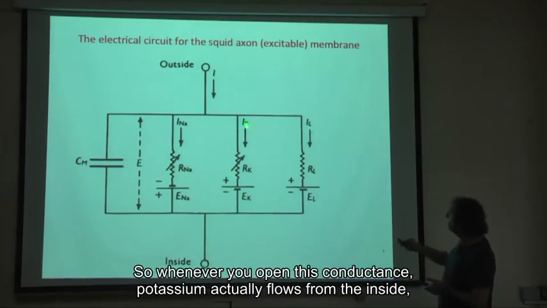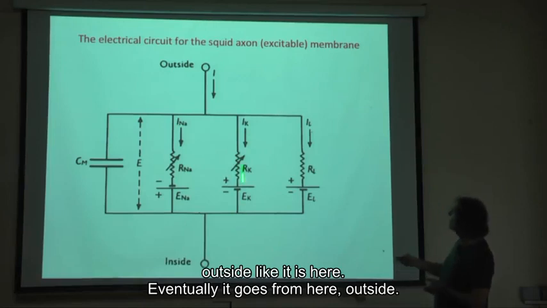So whenever you open this conductance, potassium actually flows from the inside outside. Not like it is here, but eventually it goes from here outside.